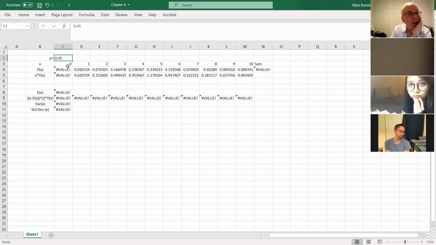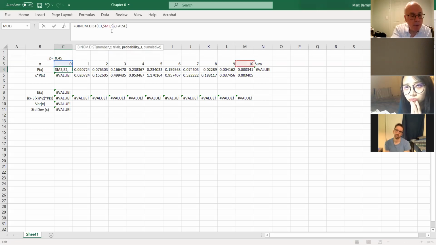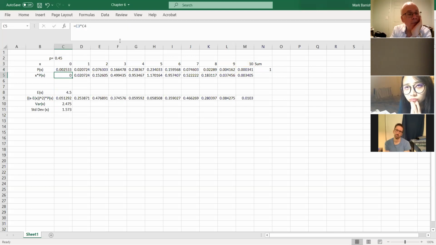So we're going to put in probability here. So now C2 is going to be where the probability is, right? So C2. And it should work now, right? It should be good. There we go.